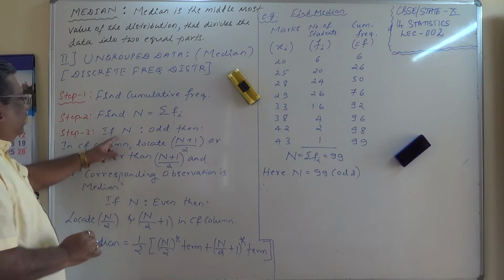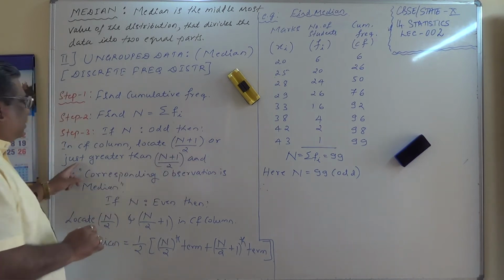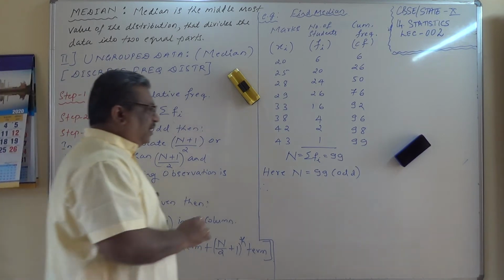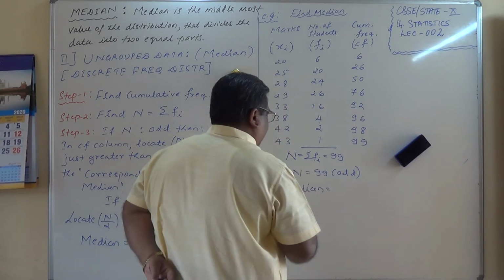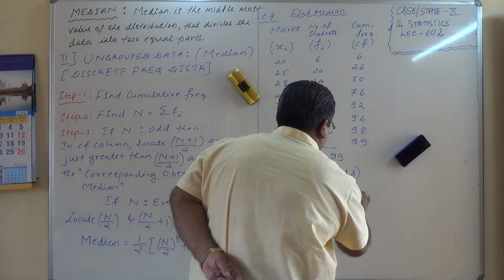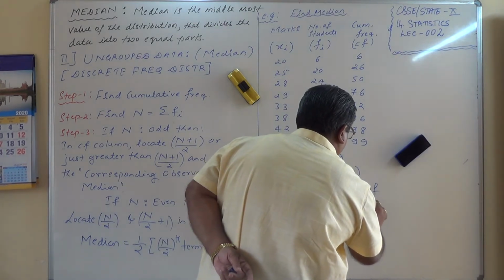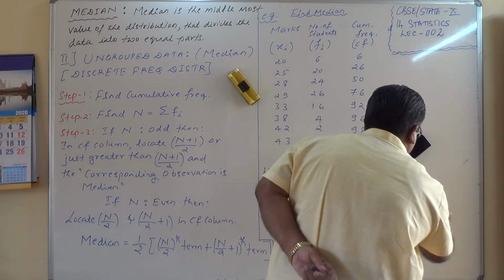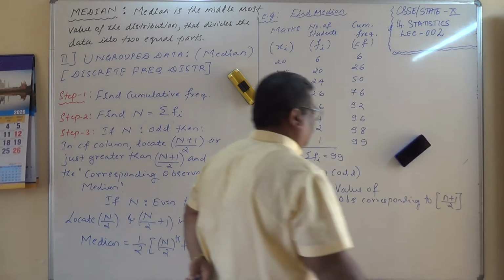Look here, if n is odd, then in the CF column locate (n plus 1) by 2 or just greater than (n plus 1) by 2, and the corresponding observation is the median. Therefore I will write here: median is equal to the value of observation corresponding to (n plus 1) by 2.